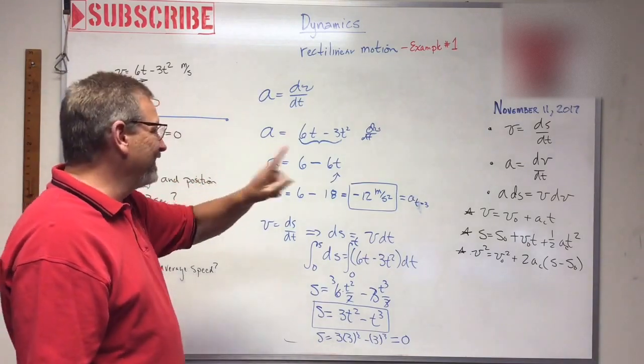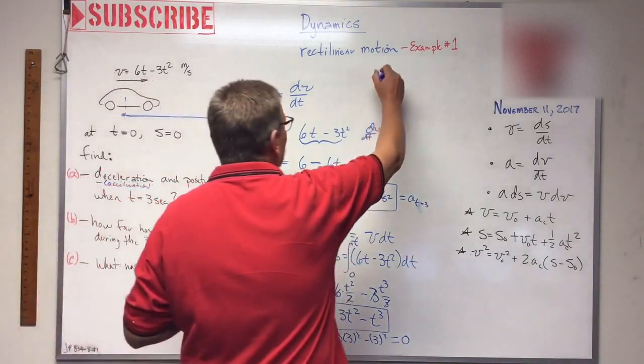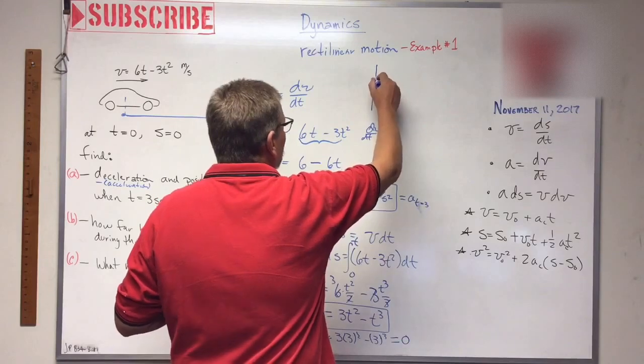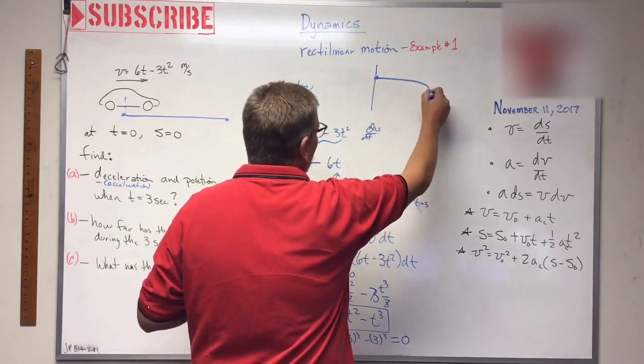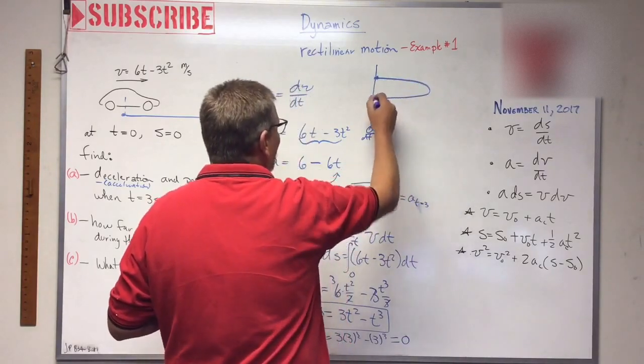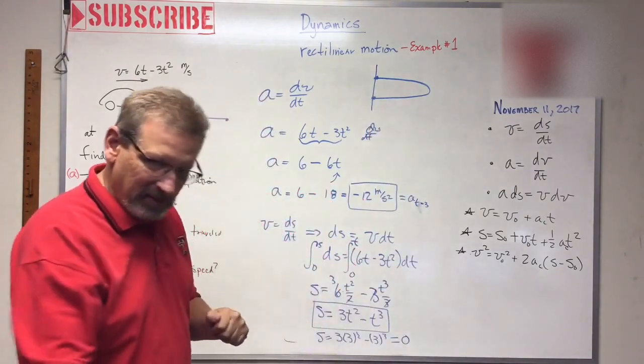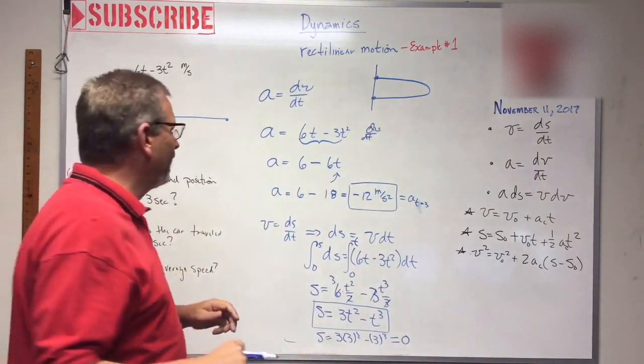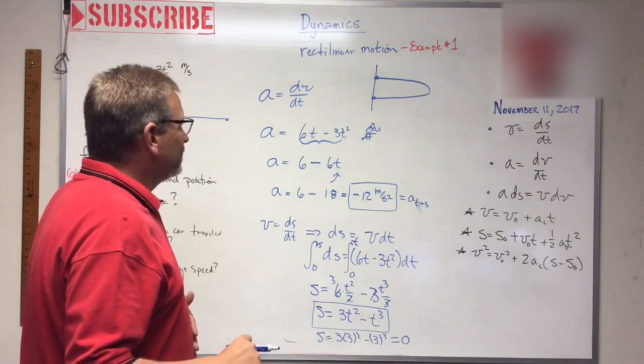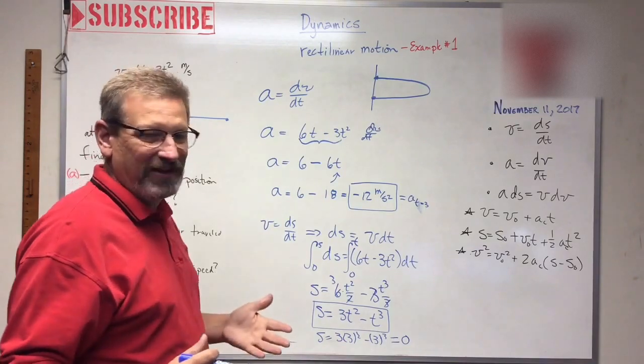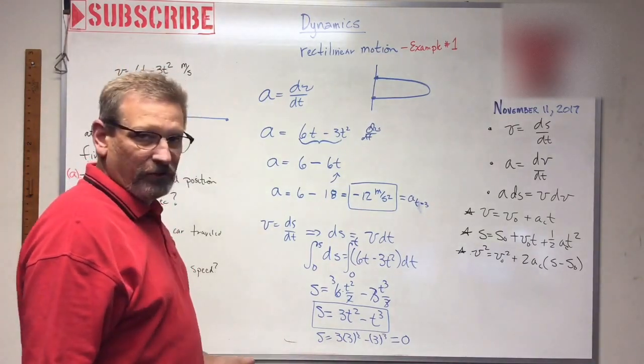That says it never went anywhere. Oh, wait a minute, what does that say? Here's what it says. Here was the car. He went out, and then he slowed down, and then he came right back. Maybe he went out, stopped, and then put it in reverse and accelerated right on back, right? So basically what we're saying here is the car is where it started.